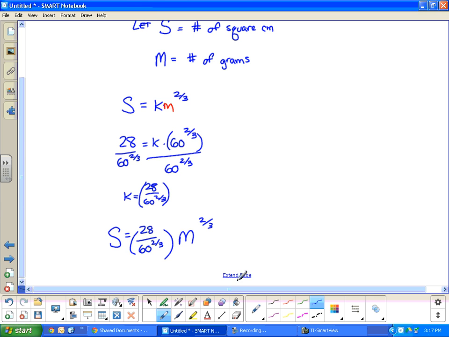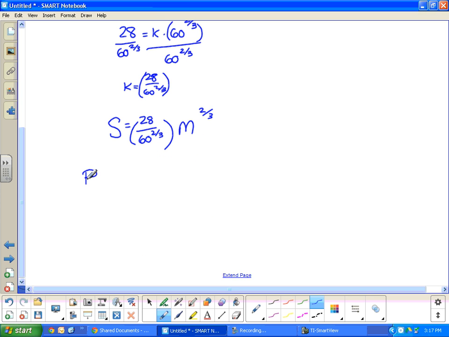I want to use this to predict something. Let's predict the surface area of an egg. Let's see, that's 1,600 grams. Okay, so here's our mass.